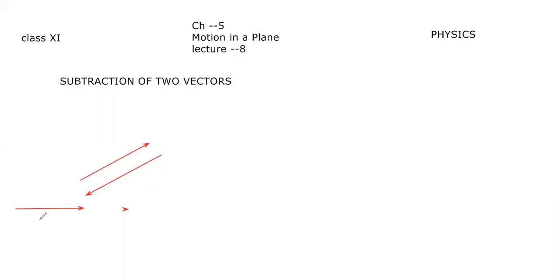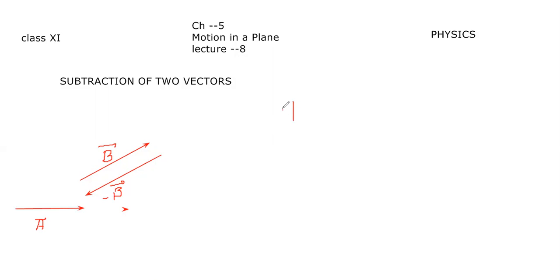We all know that minus represents direction in physics. So minus B is in this direction.